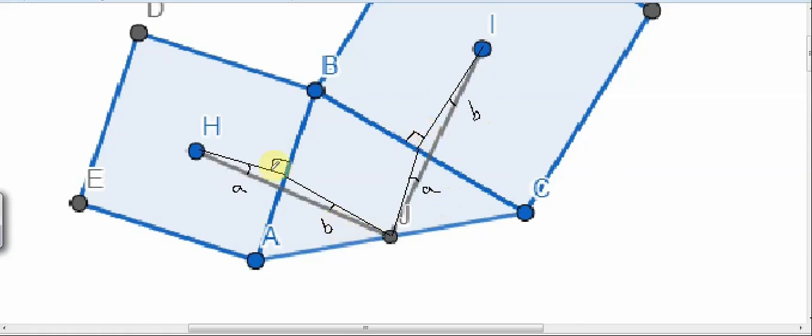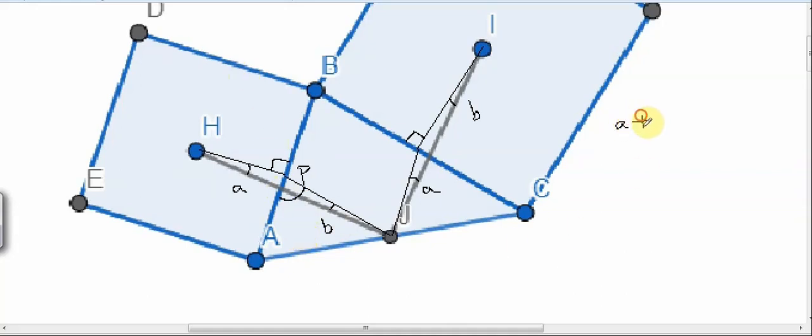So in this triangle HPJ, what we have is A plus 90 plus this angle plus B is equal to 180 degrees. So let me write it here.